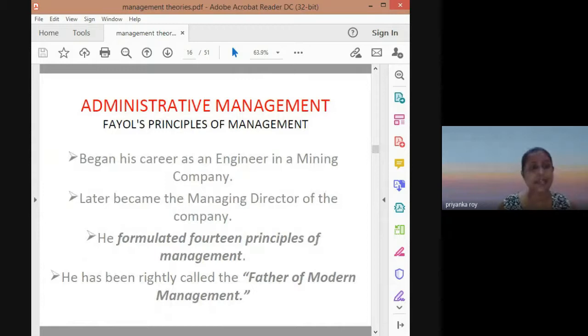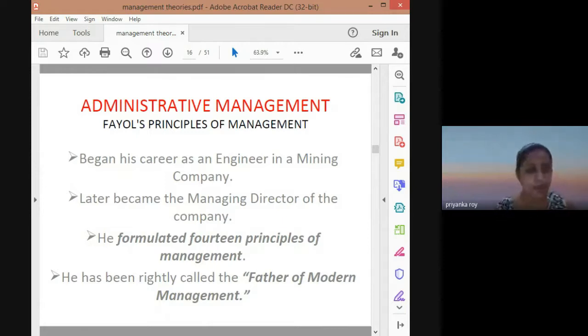Henry Fayol, a senior executive and mining engineer, developed this theory when he examined the organization through the perspective of a manager and the situations they might encounter. He began his career as an engineer at a mining company and later became its managing director. He formulated 14 principles of management.